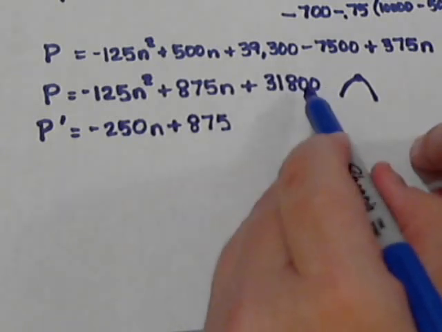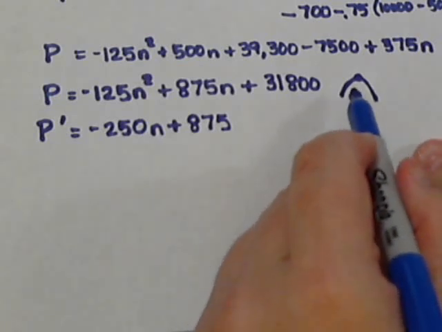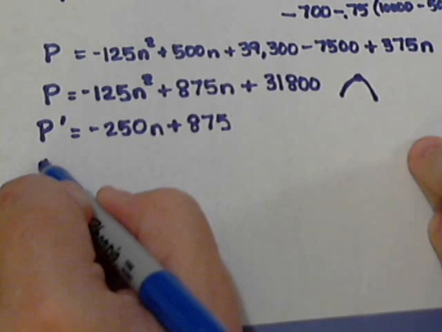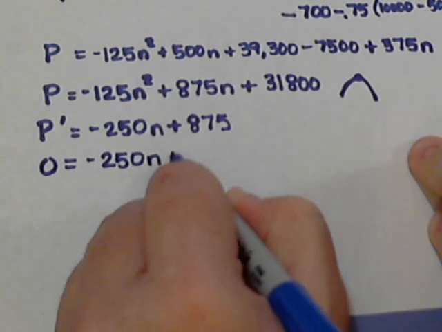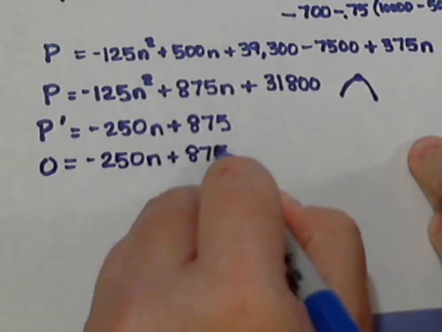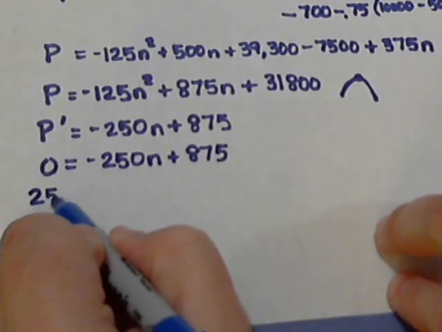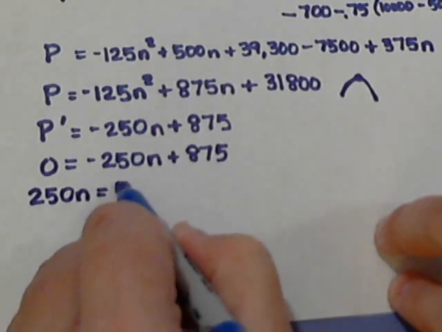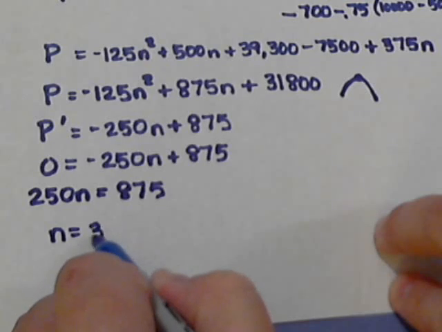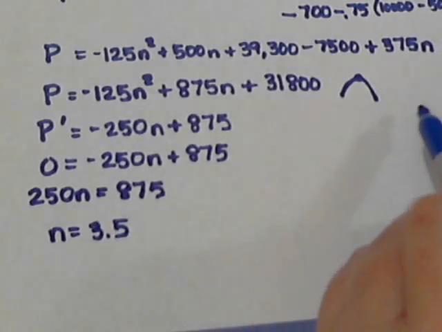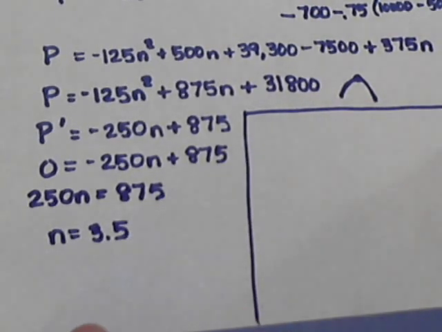And this is a constant term, and the derivative of that is 0, so that just goes away. The way we find the critical point is we set the derivative equal to 0. So 0 equals negative 250n plus 875. Move the 250 over: 250n equals 875. If we divide both sides by 250, n comes out to be 3.5. So this means we need to change the price 3.5 times.